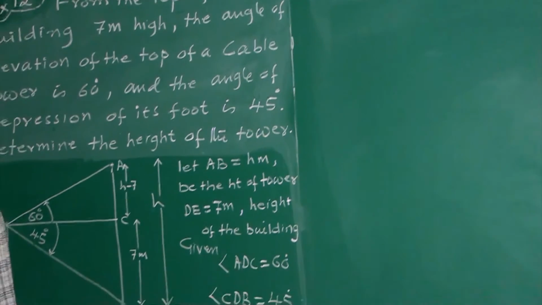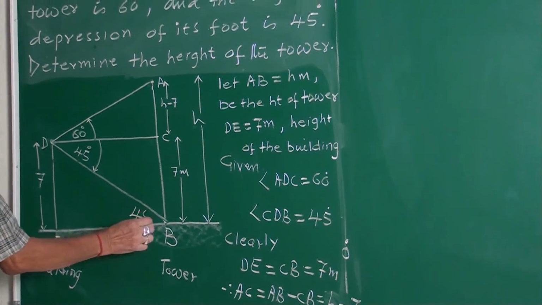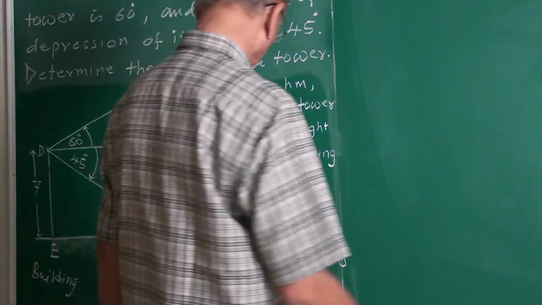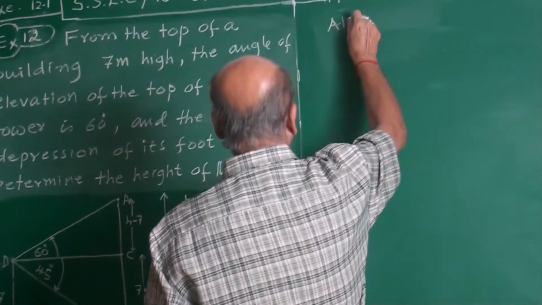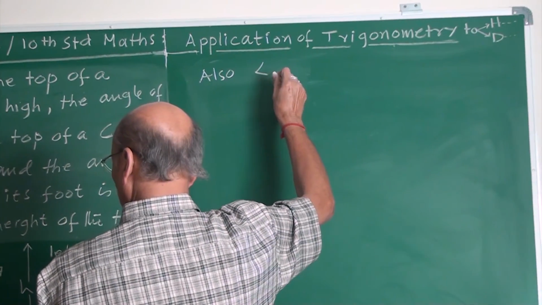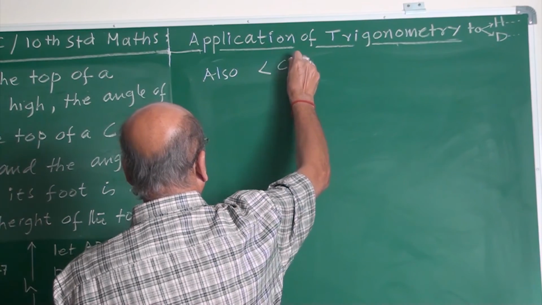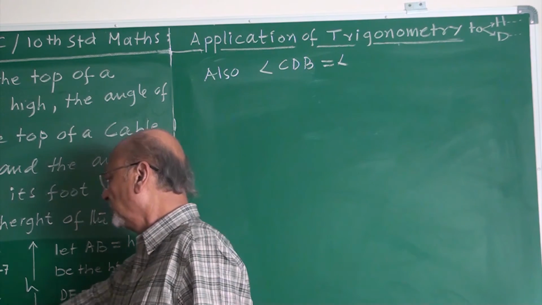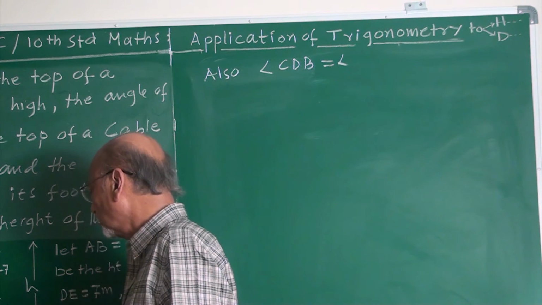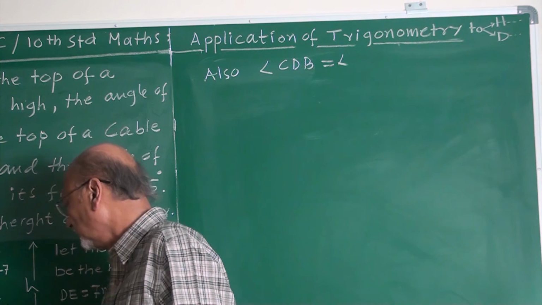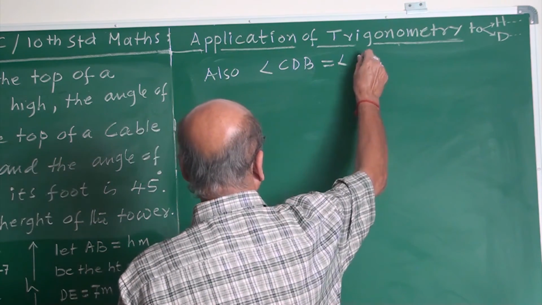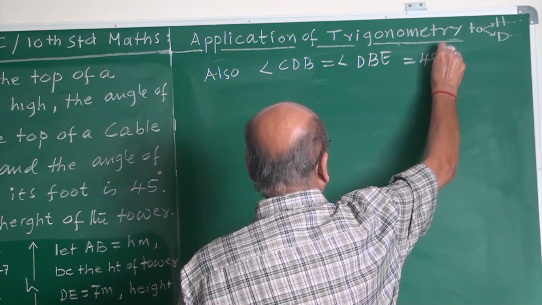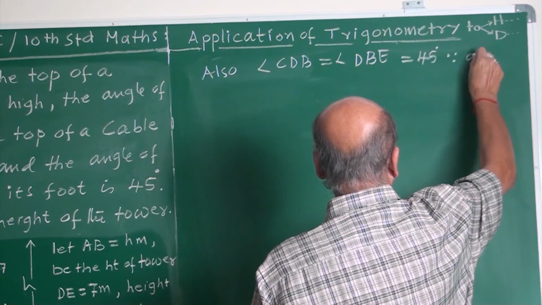This is 45. Then what about this? It is the alternate angle. This is 45 degrees. Also angle CDB equals angle DBE, which is equal to 45 degrees, because of alternate angles.